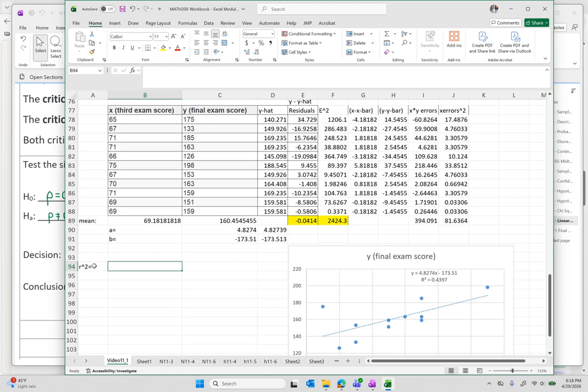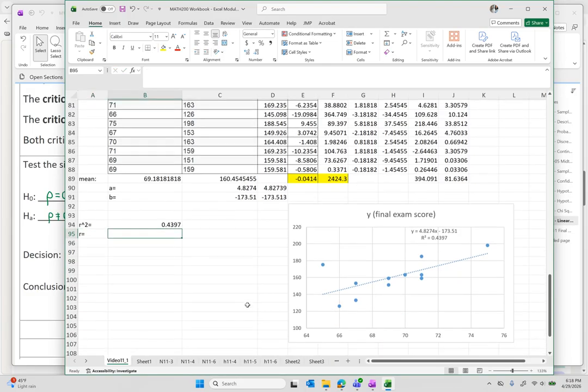So your answers are not extremely accurate because you don't have exact values when you are entering R squared as 0.4397. Now to find R, we will need to take the square root of R squared, but also we need to determine if R is positive or negative.